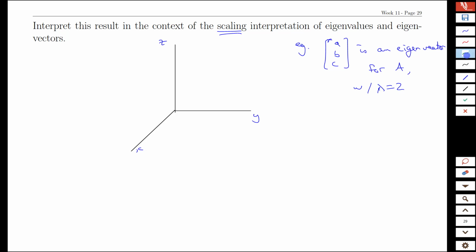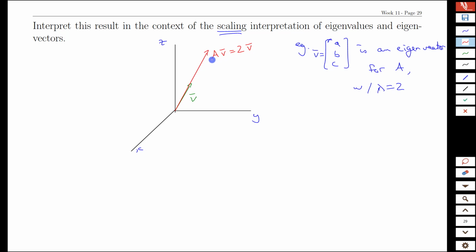We'll draw our vector on here like so. Let's make that our vector V. So what this says from the eigenvalue condition is that if that's my vector V, then I know for sure that A times V is going to be equal to 2v's. It's going to double the length.